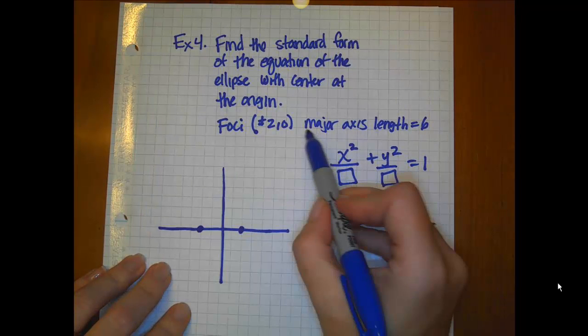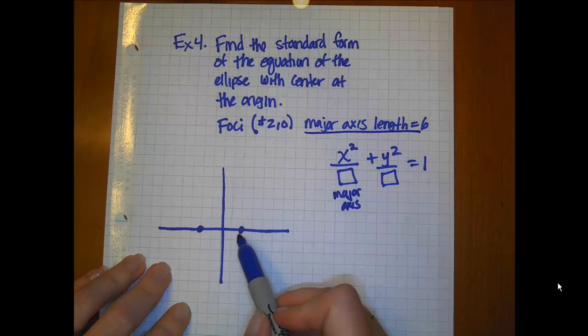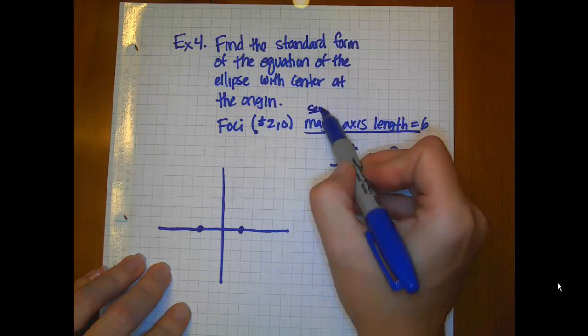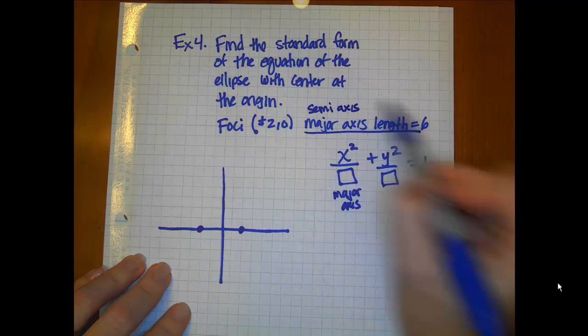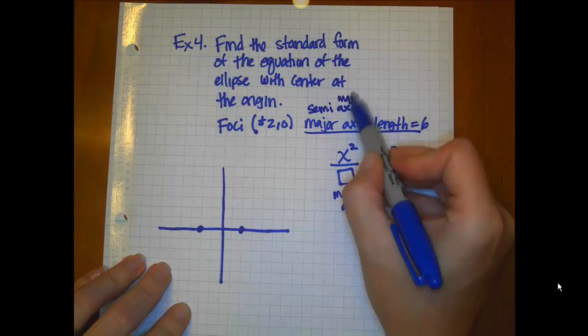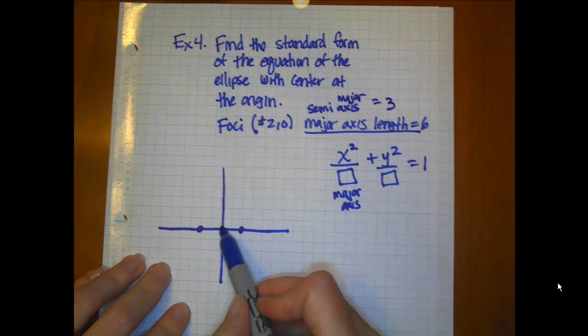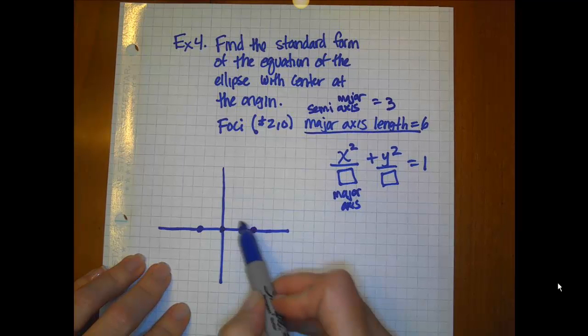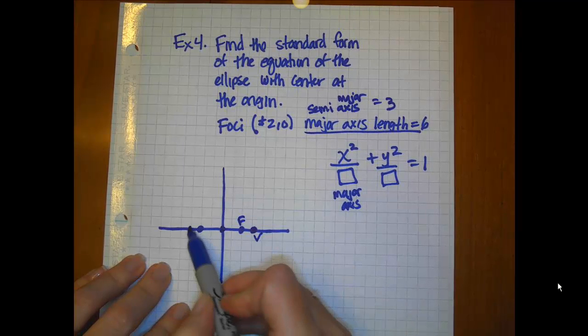They then tell me that the major axis has a length of 6. So they didn't say semi-major axis, they said the entire major axis. So that means the semi-major axis would then be 3. So if 0 is my center, I would go out 1, 2, 3 for a vertex on either direction.